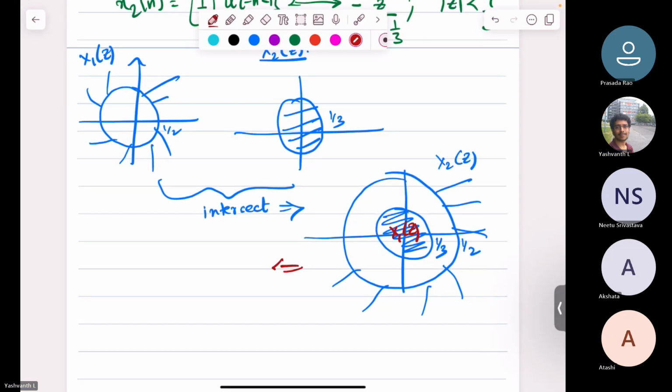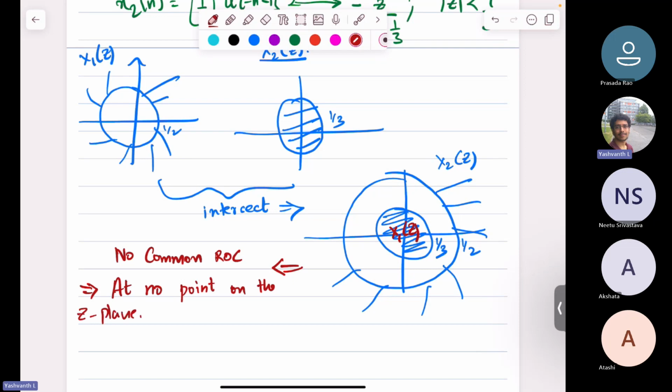Therefore, no common ROC implies that at no point on the z plane does X of z, which is equal to x1 of z plus x2 of z, converge.